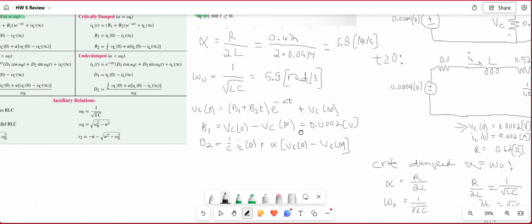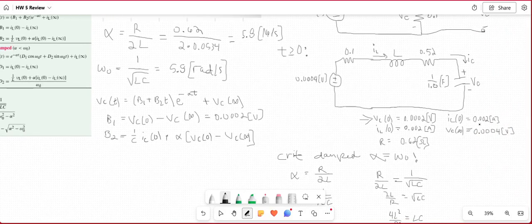And we already got IC of 0 over here, remember? 0.002. We have alpha up here, 5.8. We have VC 0 minus VC infinity, we got here 0.0002. And we have the capacitance. So when we plug this all in the calculator, we get B2 equals 0.00244 volts.